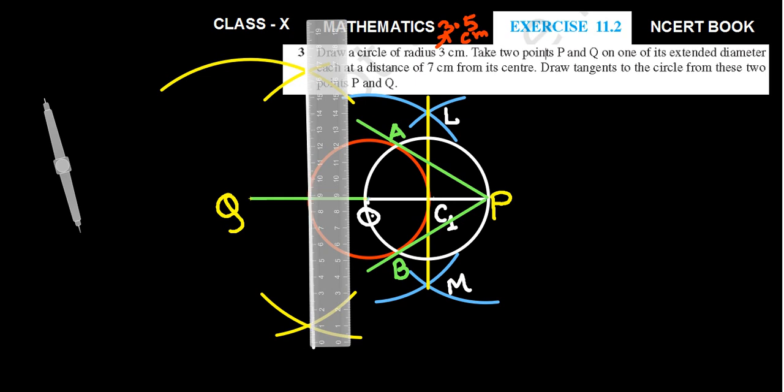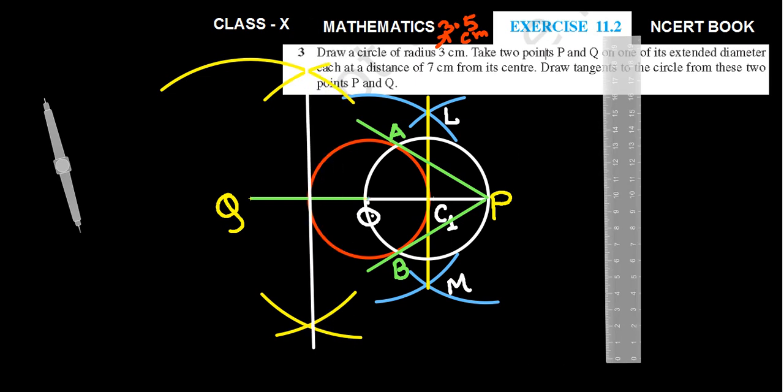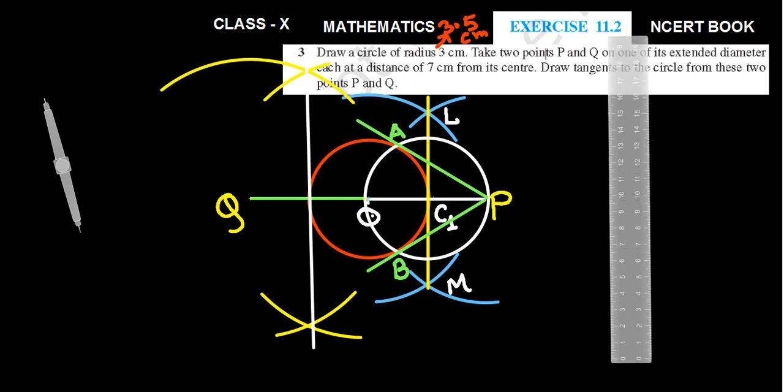Okay. So we have drawn the perpendicular bisector. Let's name the point where it intersects as C2. So C2 is the point where it intersects. From C2, again we have to draw a circle taking C2Q or OC2. Both are equal. Here OC2 is equal to QC2. Both are equal. So taking OC2 or QC2 as radius, draw a circle.